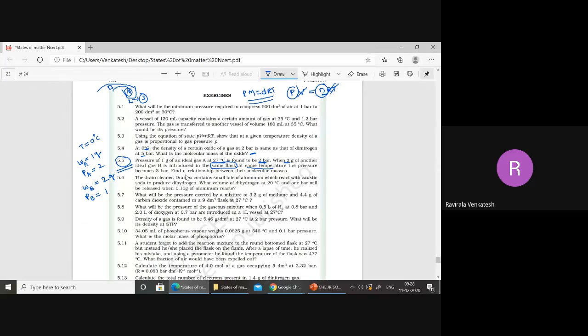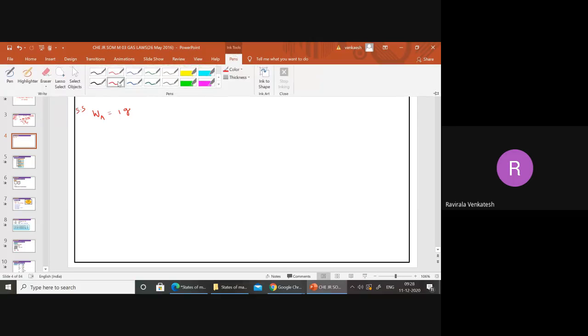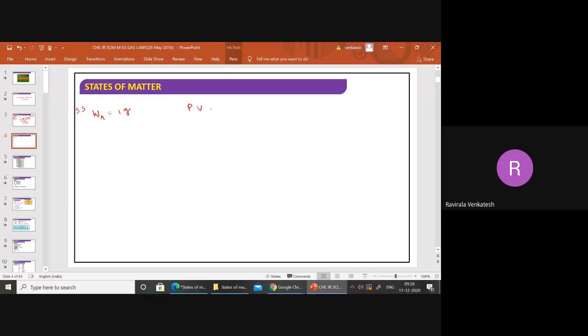So with P and n, by using the PV is equal to nRT formula, now we can write. Which formula are we taking? PV is equal to nRT, in which temperature is constant, R is constant, V is constant.